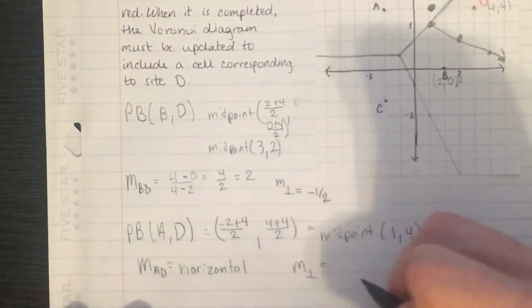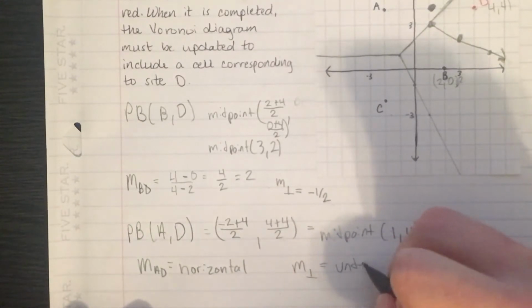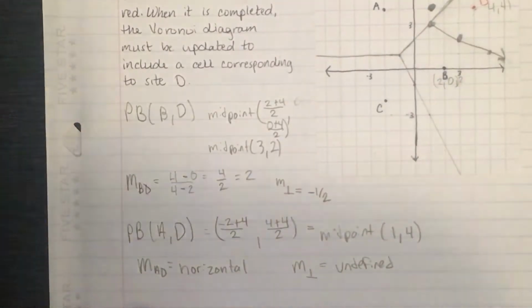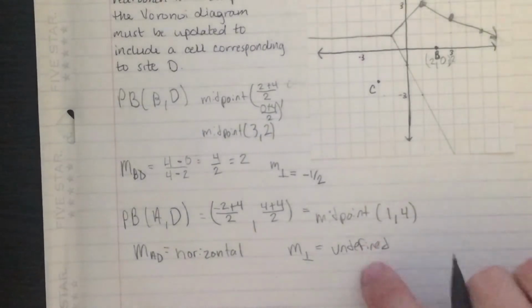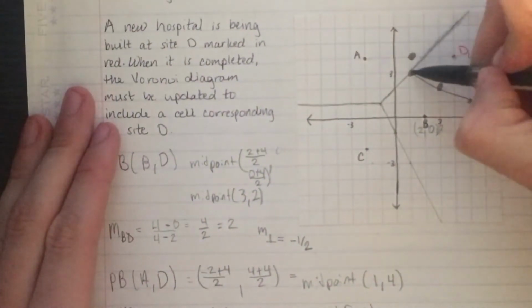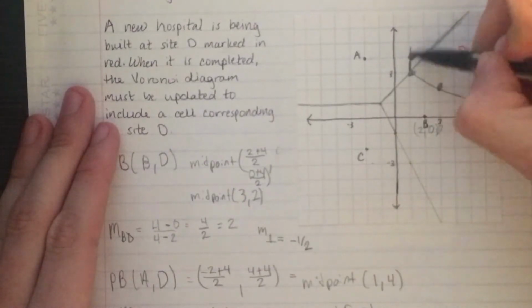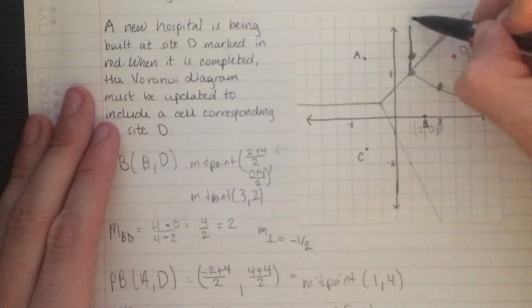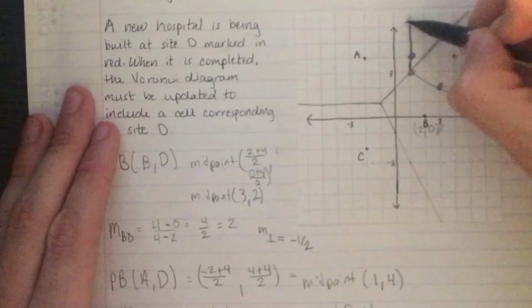So the perpendicular slope here is undefined. So what we've got to do now is draw this new Voronoi edge coming out of here. It's just a straight line that's going to continue.